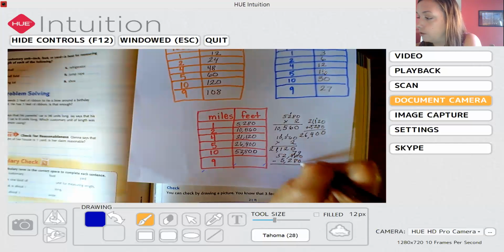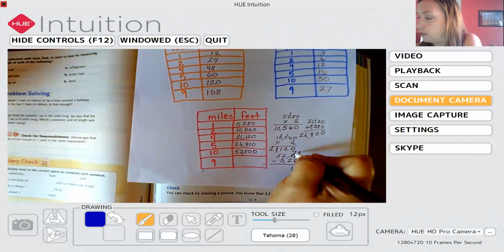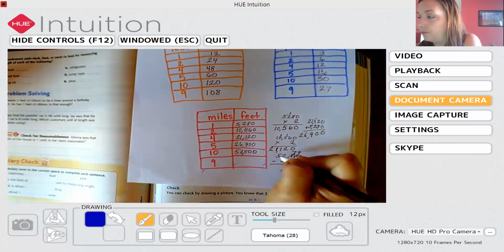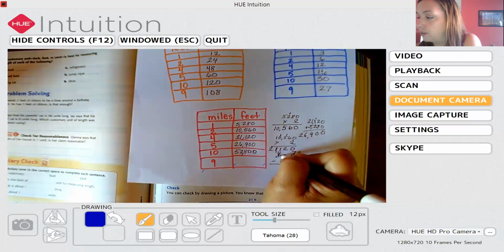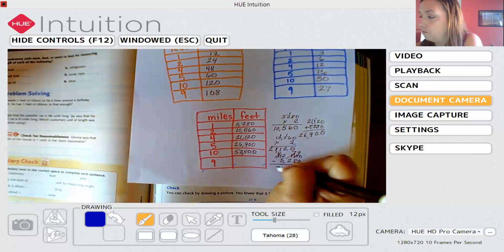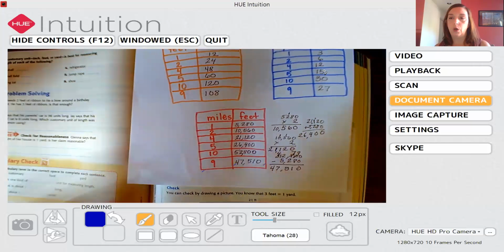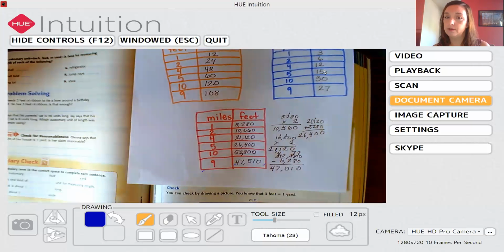So 0 minus 0 is 0, 9 minus 8 is 1, 7 minus 2 is 5. I can't do 2 minus 5, so I have to regroup again. 12 minus 5 is 7, 47,510. Okay, so you can use a ratio table to help you build the numbers.